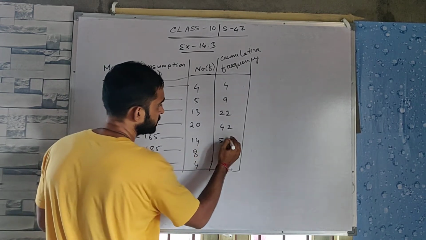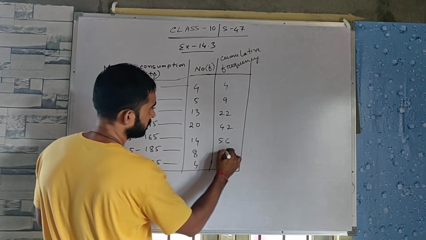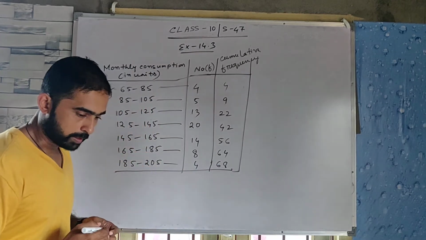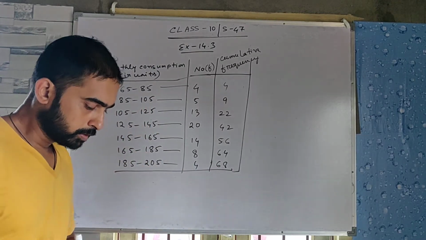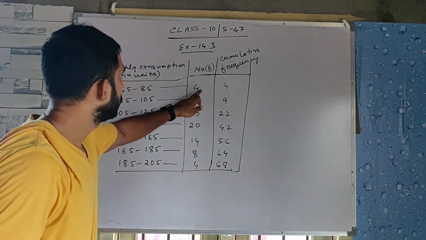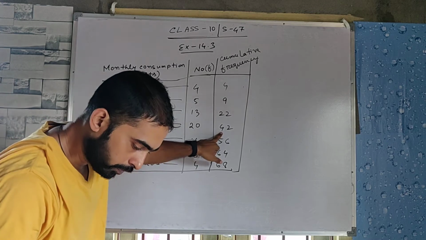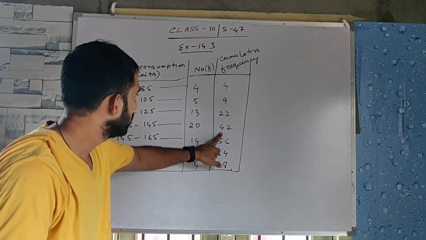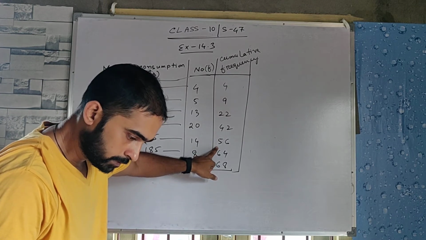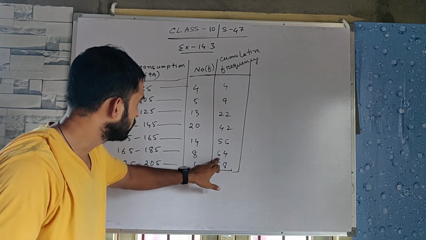Sorry, 56. This one 60, this one 68. So the total number is how much? 4 plus 5, 9, 22, 42, 42 plus 56, 8 wait, 62, 64, that's 68.